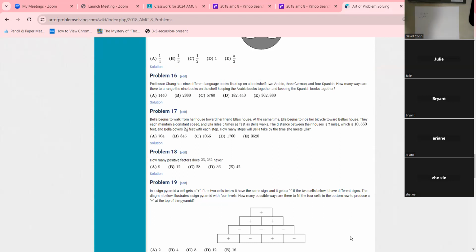What else do we know? For threes, we can have 0 factors of 3, 1 factor of 3, or 2 factors of 3. For 5, we can have either 0 factors of 5 or 1 factor of 5. So we have 4 choices for how many 2's we put in our factor, 3 choices for the number of 3's, and 2 choices for the number of 5's.